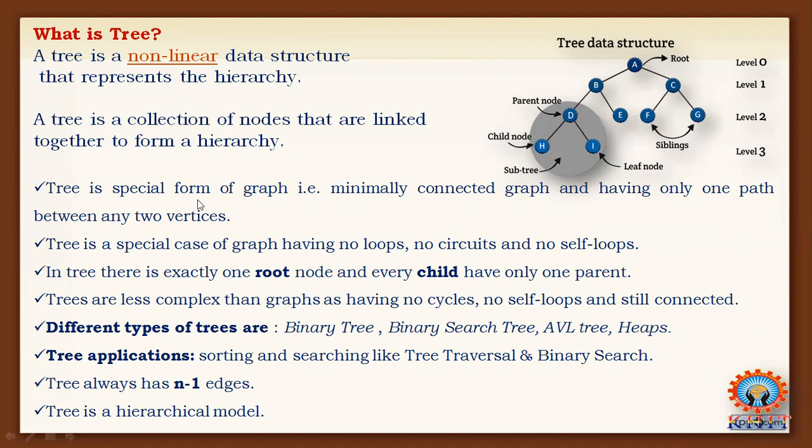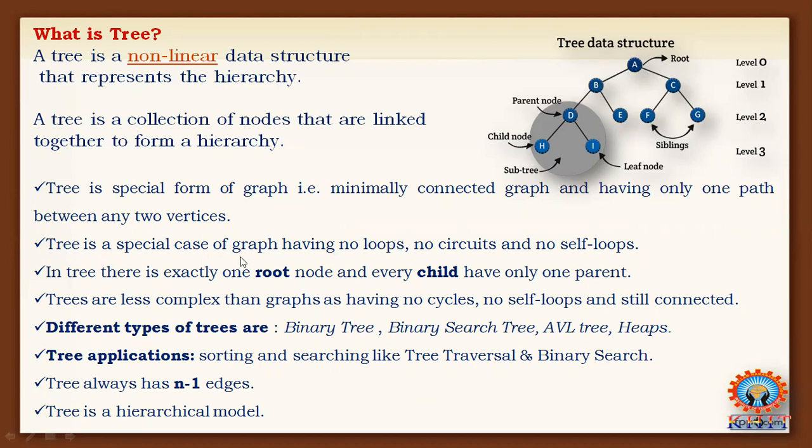A tree is a special form of a graph, a minimally connected graph having only one path between any two vertices. If you consider vertex A and vertex B, the distance between vertex A and vertex B is considered a path. The path can be considered for any two vertices.